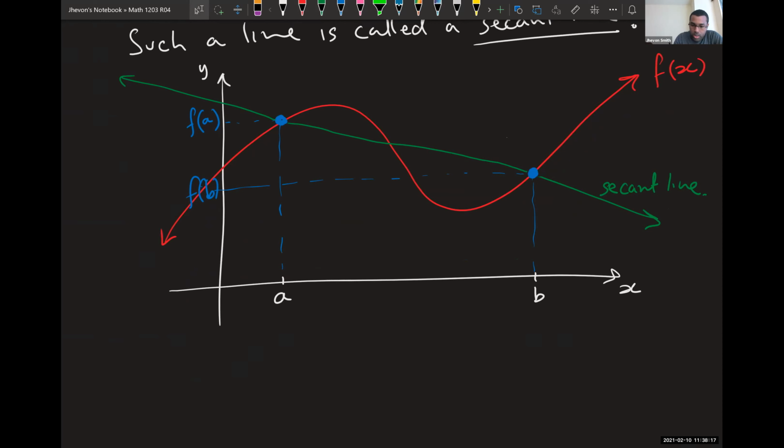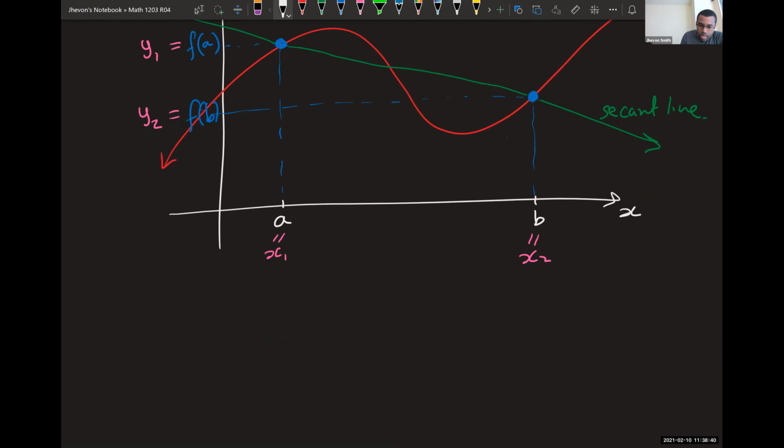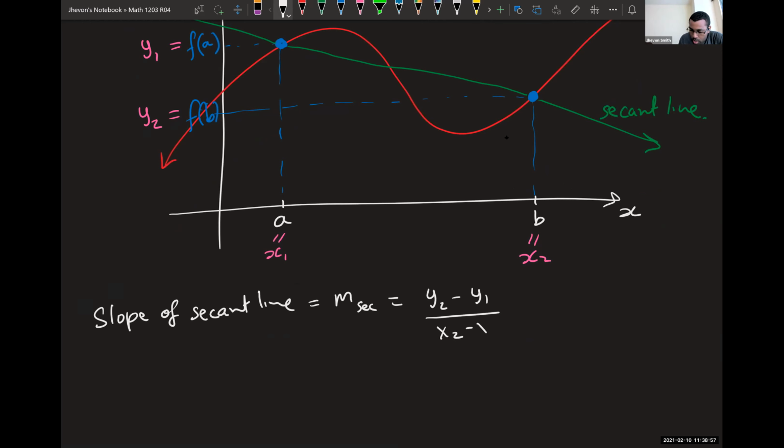Well, I want different colors here. I use so many colors already. So if I call this x1, so that corresponding value is y1, and I call this guy x2, so the corresponding value is y2, then the slope of the secant line, let's call it m sub secant, is given by y2 minus y1 over x2 minus x1.